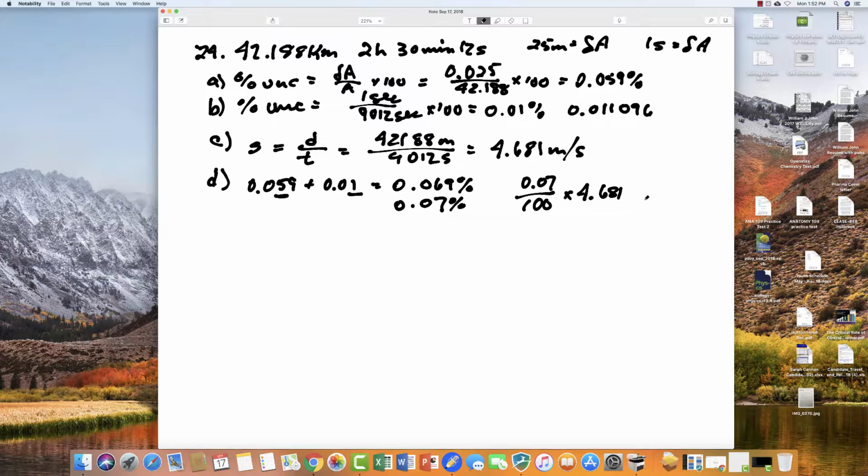And so the uncertainty in the speed is going to be 0.003 meters per second, plus or minus. And that is, again, one significant figure. So this has an uncertainty of 3/1000ths of a meter per second, either up or down. So that's number 24.